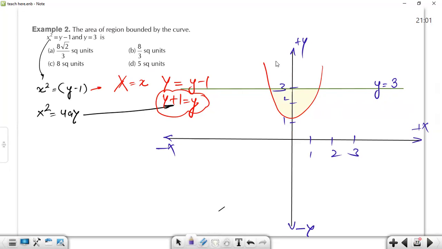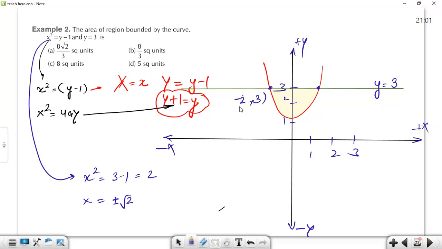So now let's find out the limits between these two. Simply putting y is equal to 3 in this term gives 2, so x is plus minus square root 2. So here y is equal to 3, x is equal to minus root 2, here plus root 2, and 3.